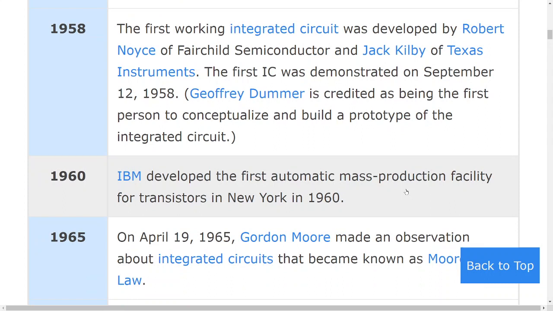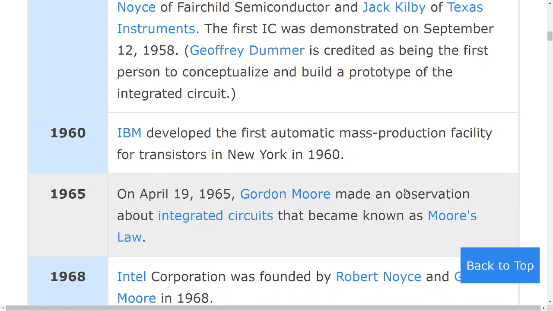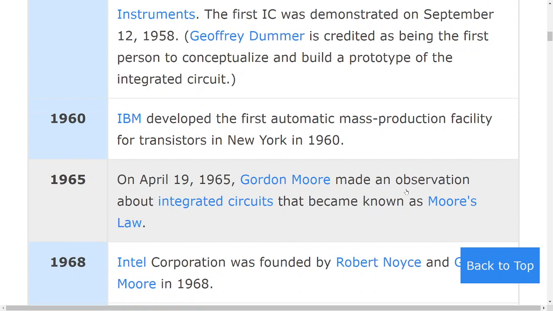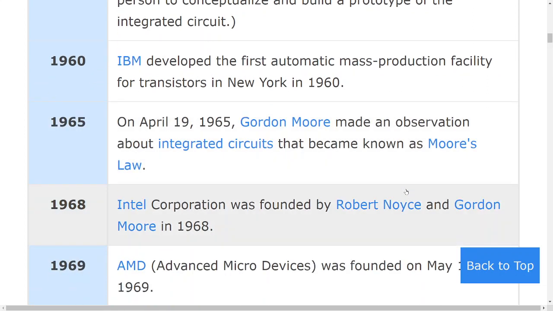So you see in the 1960s huge production of transistors started. In 1965, Gordon Moore, known by his law, Moore's law, made his major observation about ICs or integrated circuits. In 1968, Intel Corporation was founded by Robert Noyce and Gordon Moore.